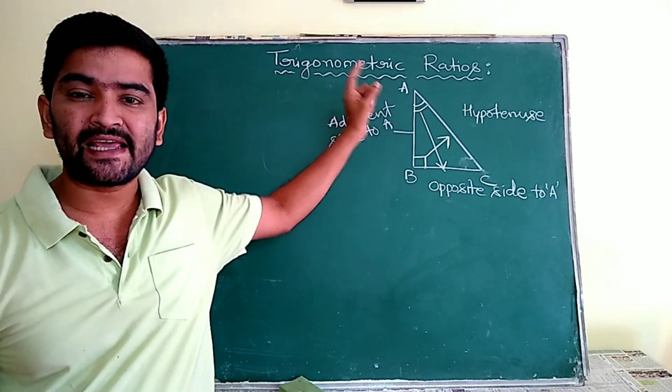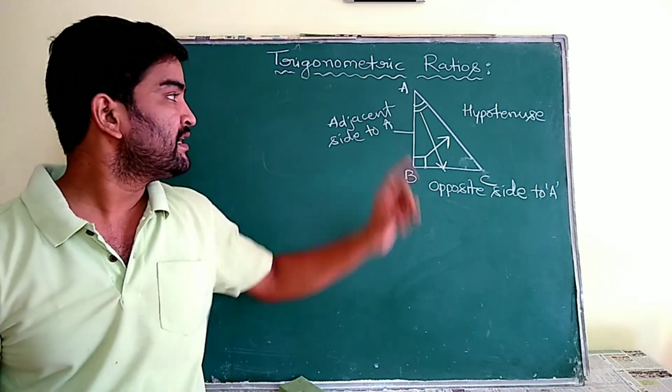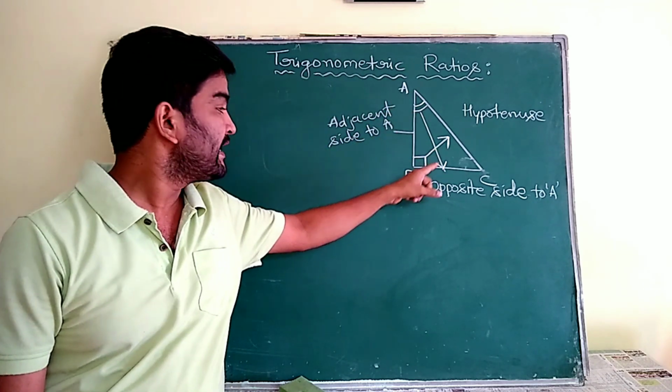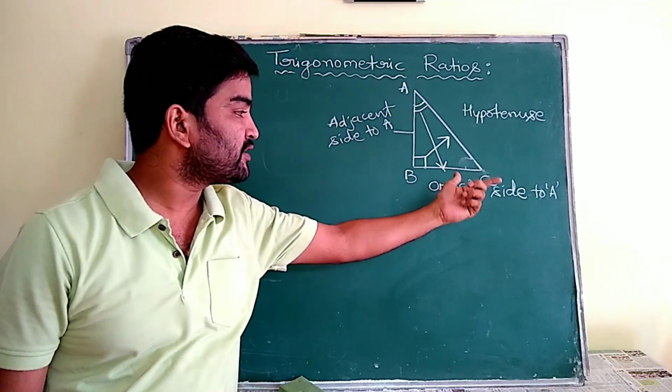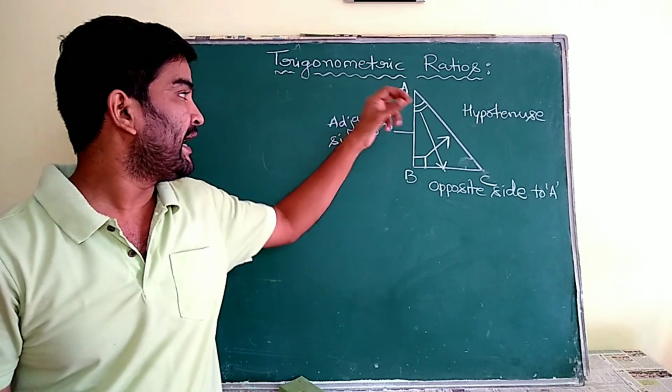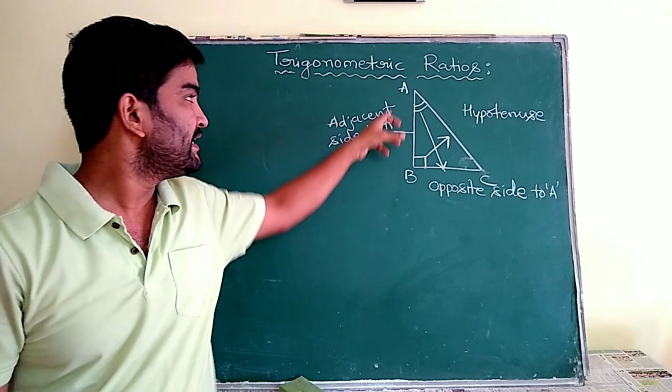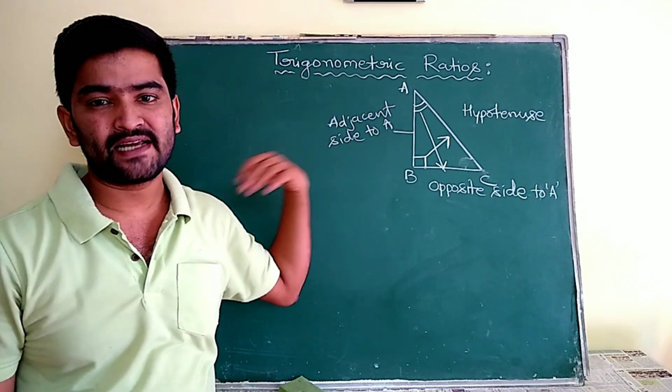We have considered A as the given angle, so the side opposite to angle A is the opposite side, that is BC, and the side where the angle lies is considered the adjacent side.